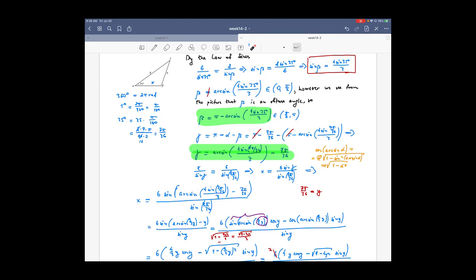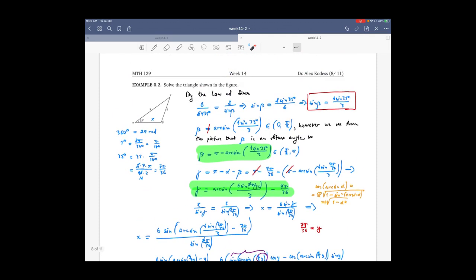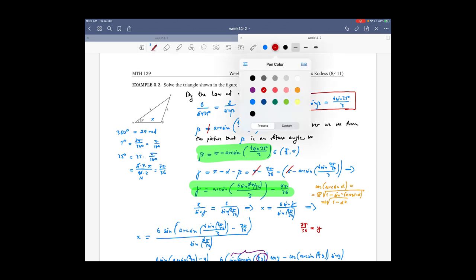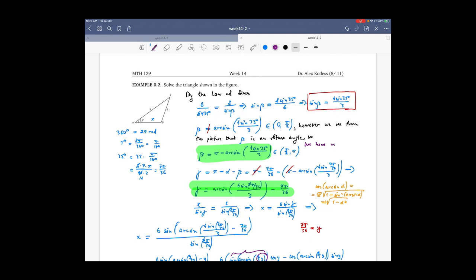Once we find gamma, we can find the remaining side x. So the only interesting point in this problem is that we use the picture when we replaced arcsine by pi minus arcsine. Other than that, the problem is quite trivial.